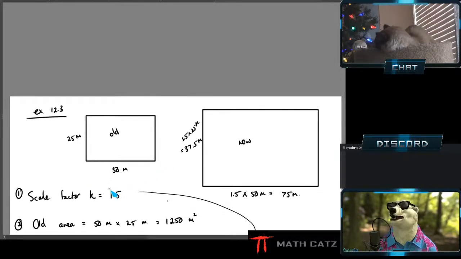The old area of a rectangle is just length times height, right? 50 times 25. And I get 1,250. We can do it to make sure. Times 25. There it is.